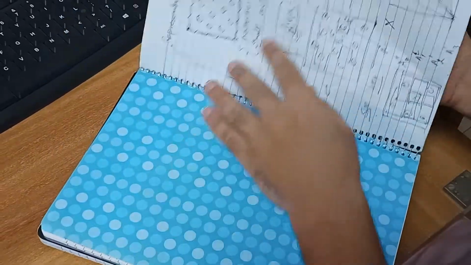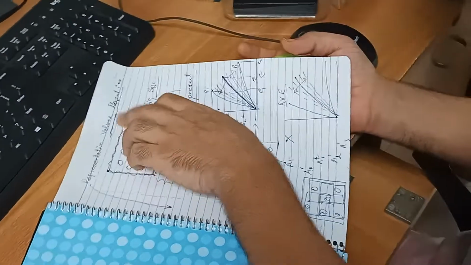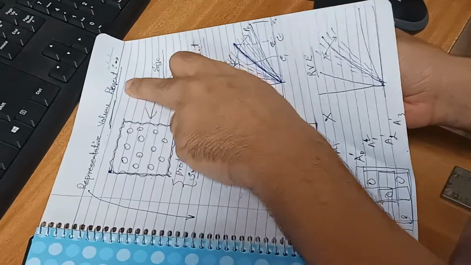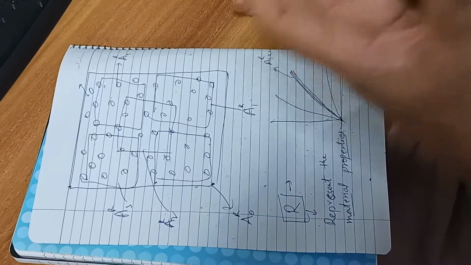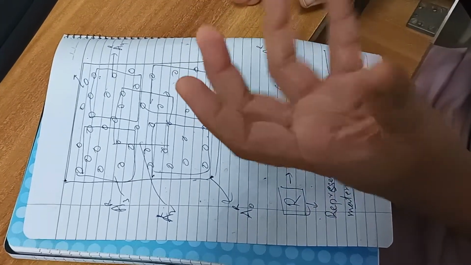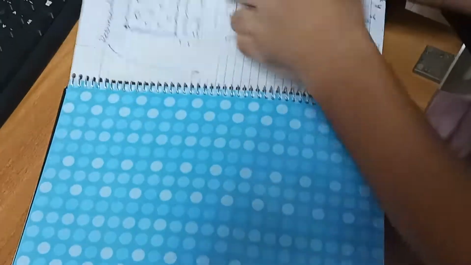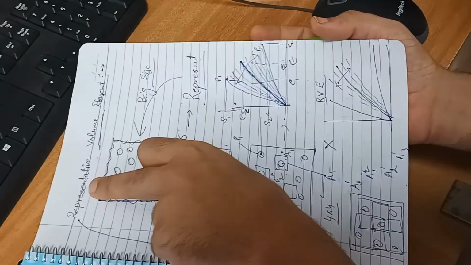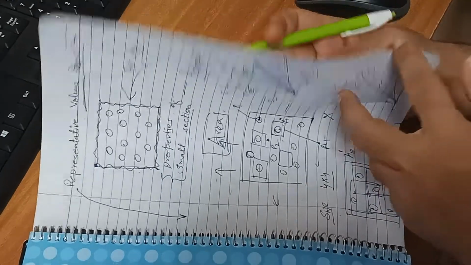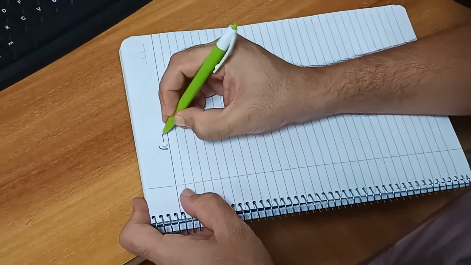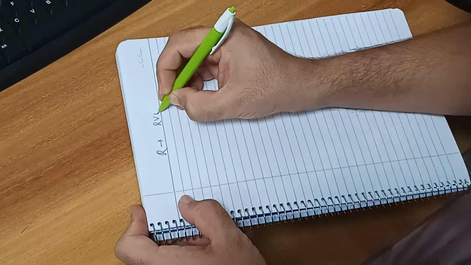And that's why this name has come, representative volume element. The element name has a size component in it. This is the element, and this represents the property of the whole material. So that's why we call this R as RVE.